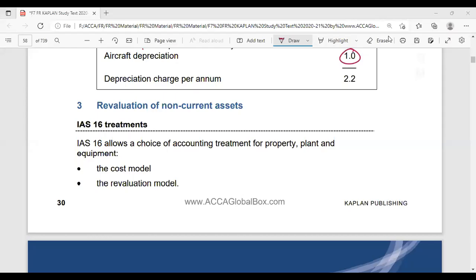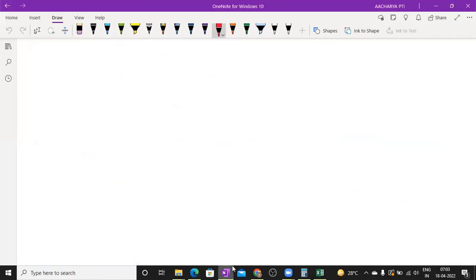Then coming to the next one, revaluation of non-current asset. Generally, in subsequent recognition, the asset is valued either using the cost model or the revaluation model.